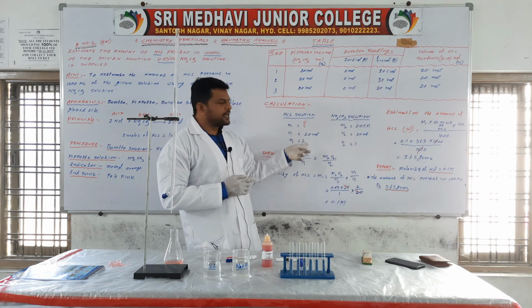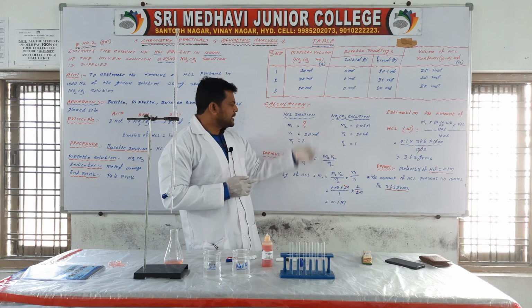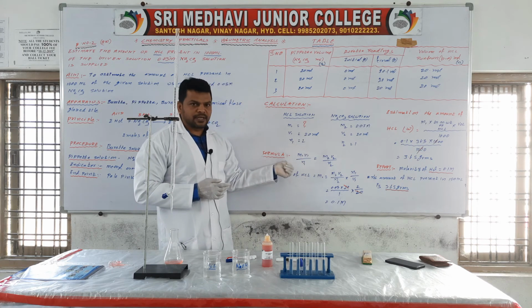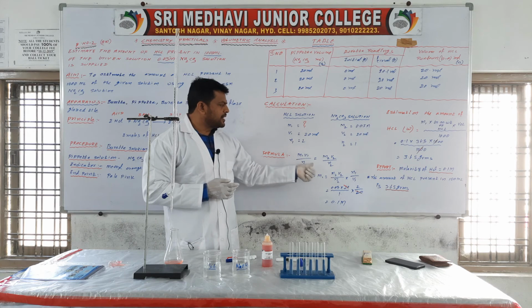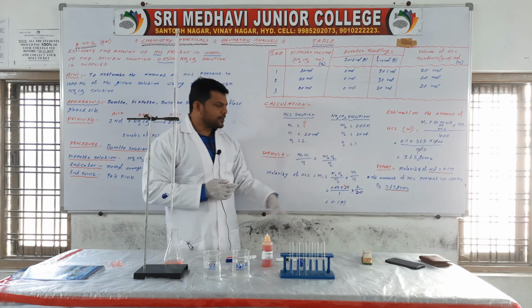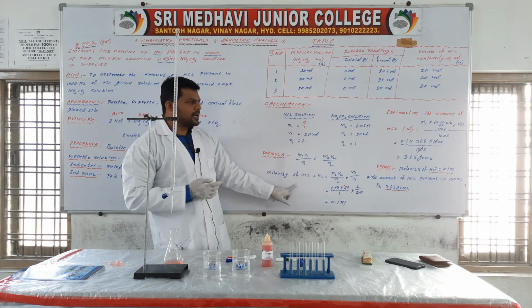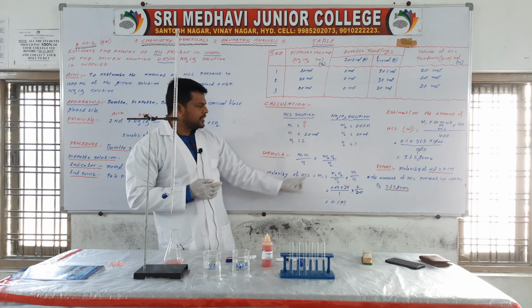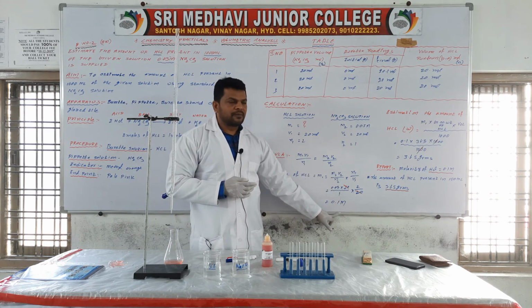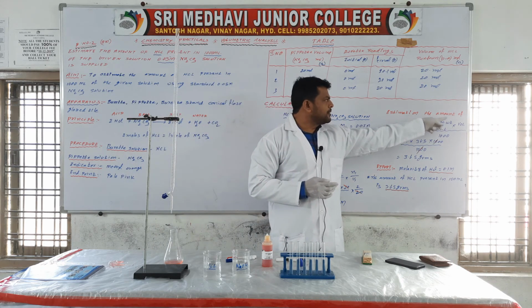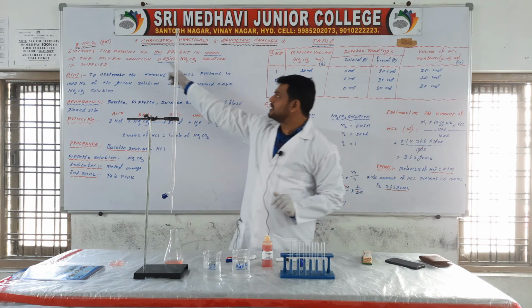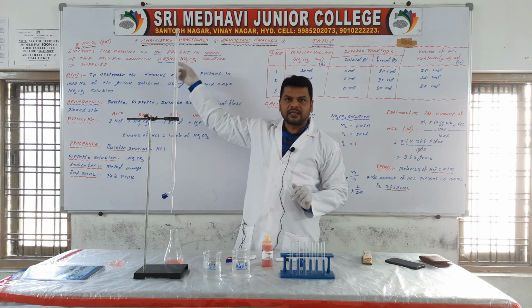Substituting in this V1 value, this is the formula we are using: M1V1 by N1 equal to M2V2 by N2. From this formula I am calculating the molarity M1, so 0.1 molar. Then we want to estimate the amount of HCl, because estimating the amount of HCl is the given problem.